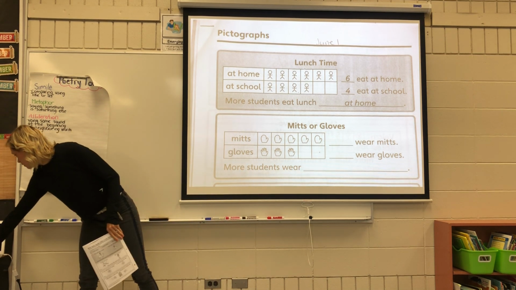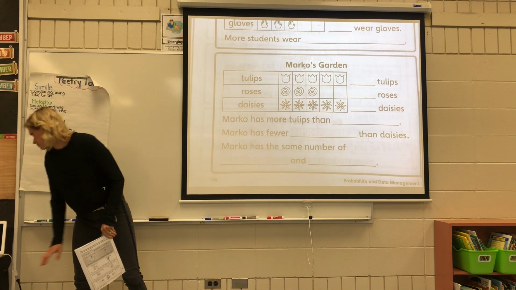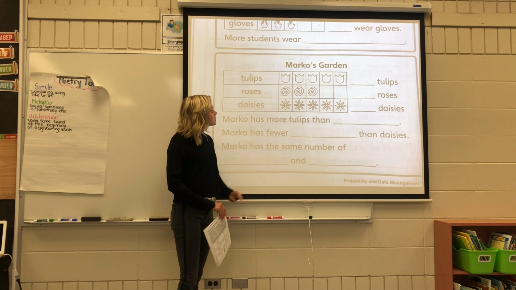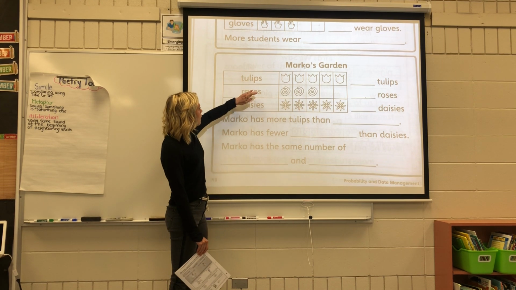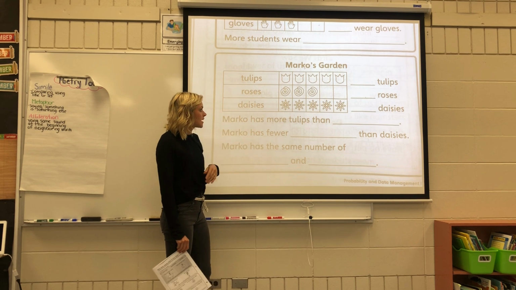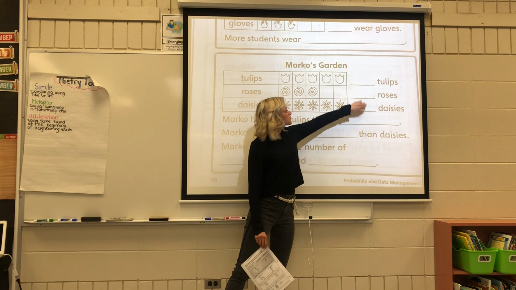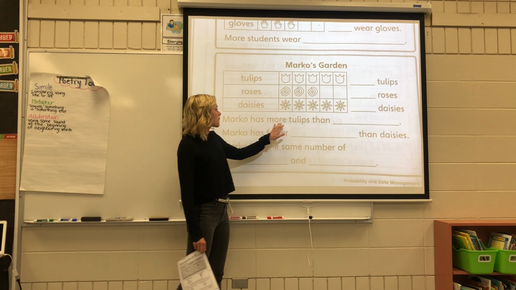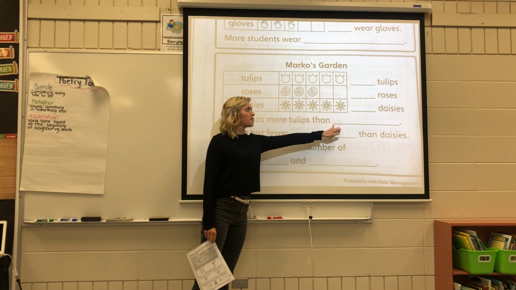And then the very last one on this page is about Marco's garden. So how many tulips were there? How many roses did Marco have? How many daisies? And then you'll fill that in on the side. And then it asks us, Marco has more tulips than, and then you need to tell me.